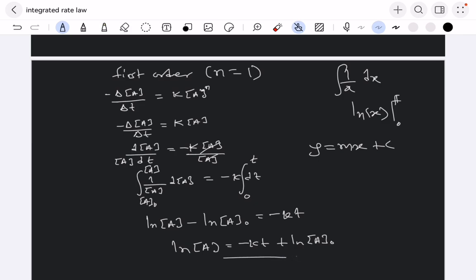This is the equation for the first order.